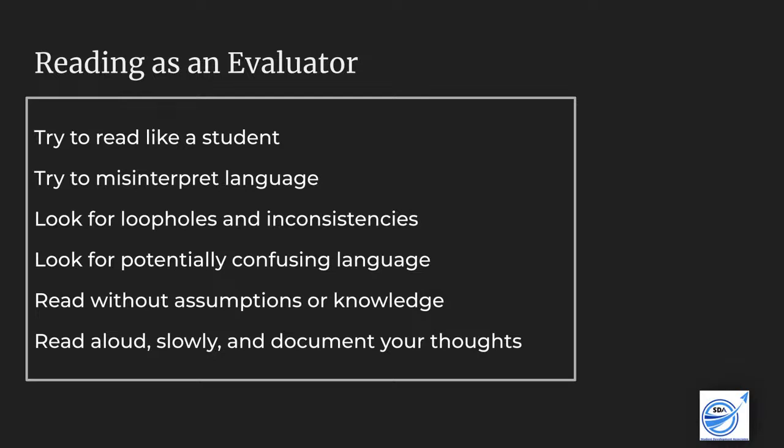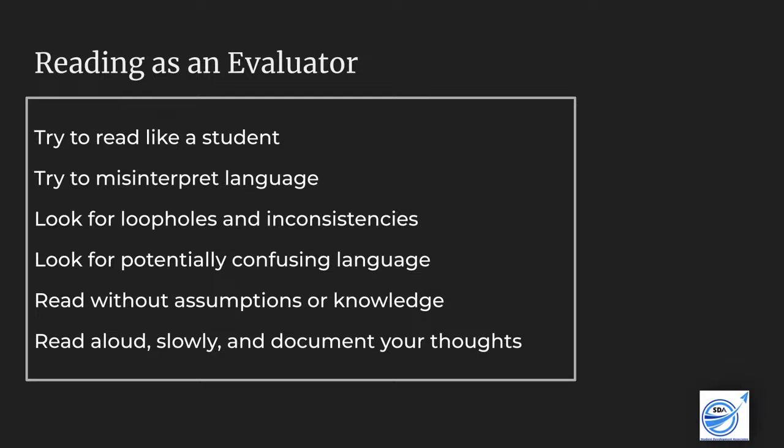Number one, try to read like a student. Consider what the average 18 to 25-year-old knows and what your typical student at your institution looks like and is expected to read in terms of level and knowledge and skill. You want to make sure that you are adjusting your language to meet your students at the lowest common denominator so that no one will be confused.